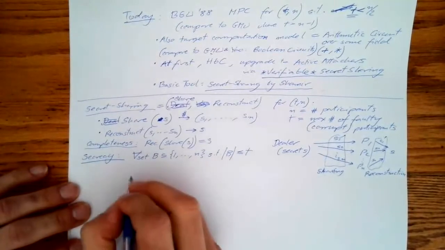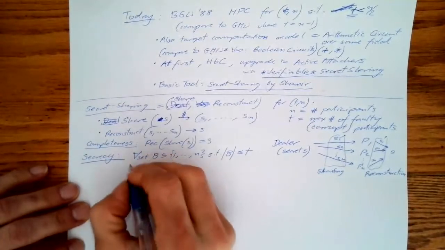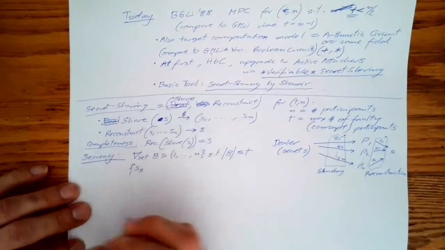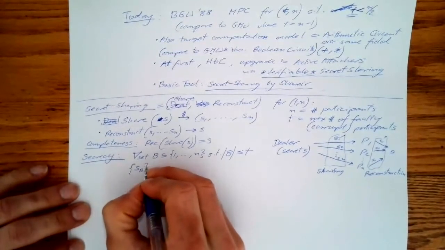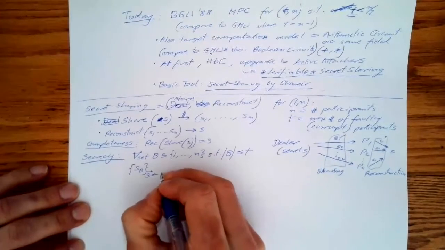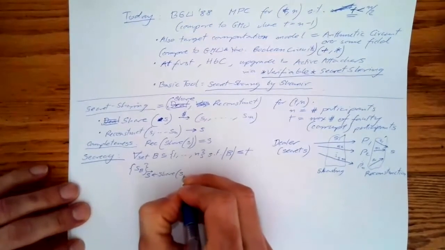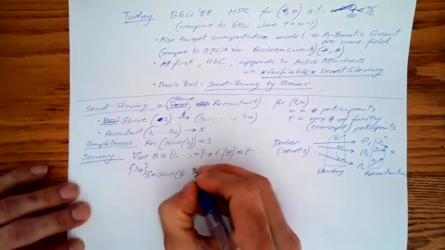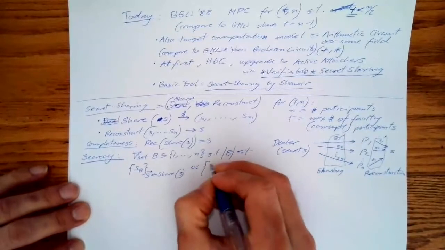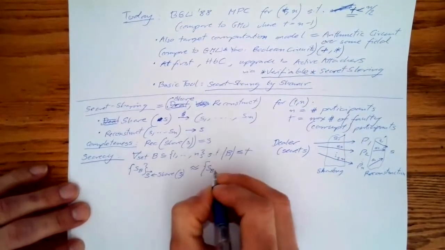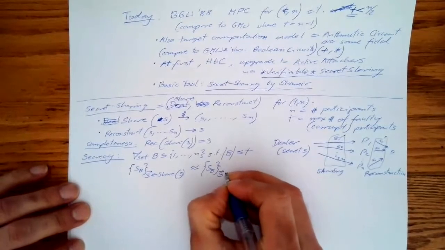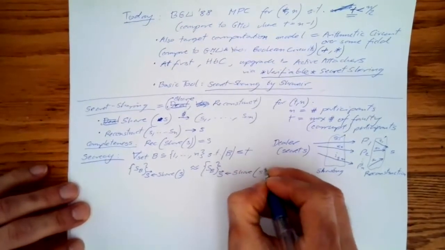What we want is that the distribution of the shares of the bad players, where the vector of shares is created as an output of the share algorithm on some secret S, is indistinguishable or perhaps identically distributed to the shares of the same bad players which result from sharing some other secret S prime.